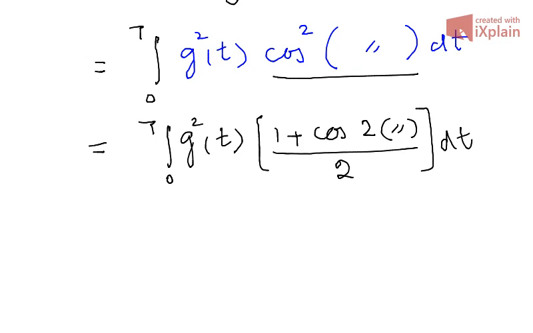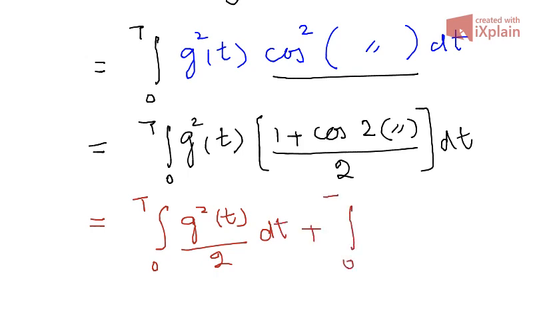You can rewrite it in this form: the integral of g squared of t over 2 dt, plus the integral from 0 to T of g squared of t cos 2 theta over 2 dt.